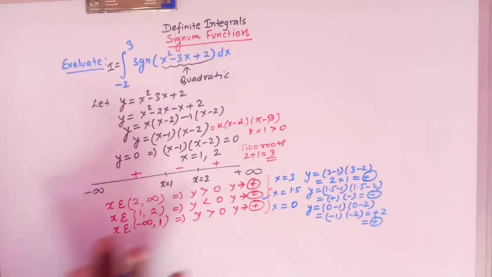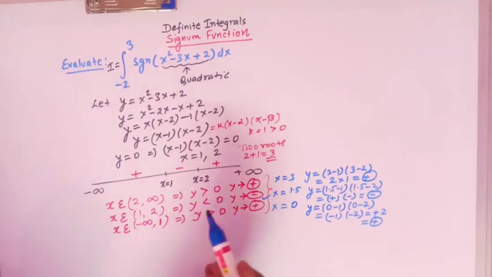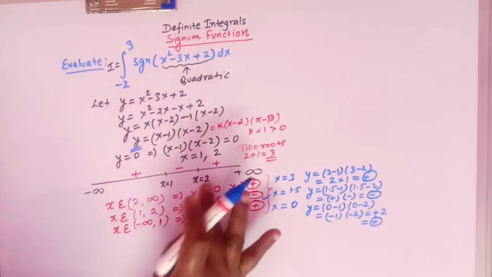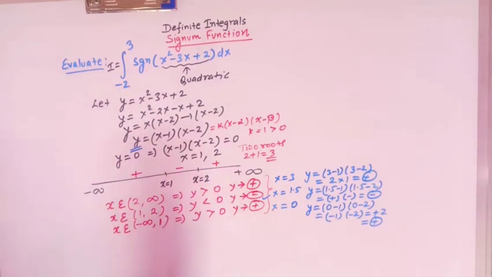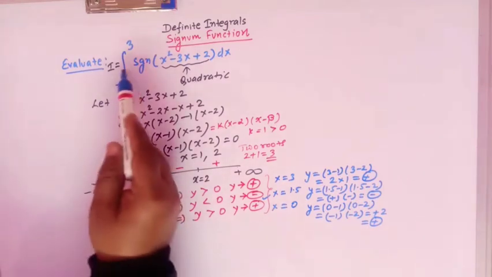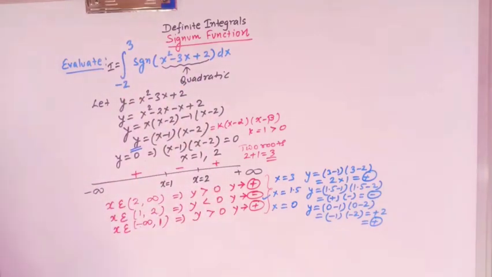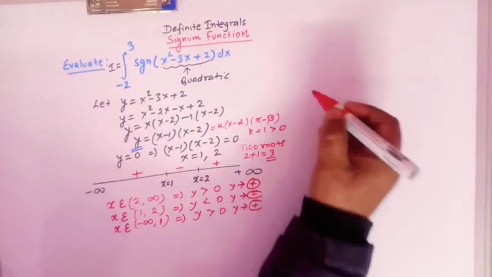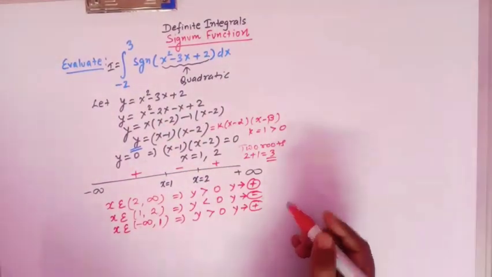So once we have established the sign of this function y in these three intervals, we can now easily integrate this function. So now viewers, let us take the definition of the signum function.